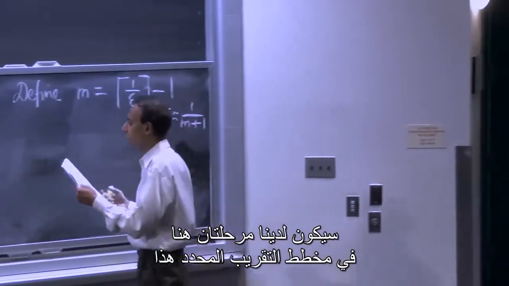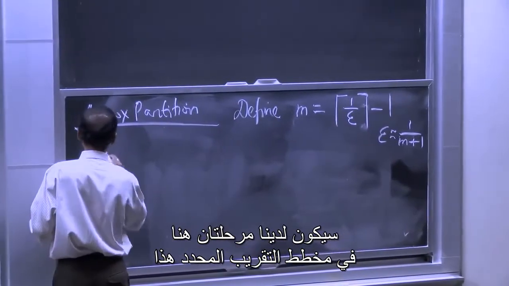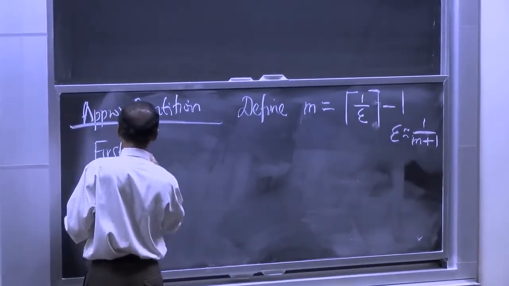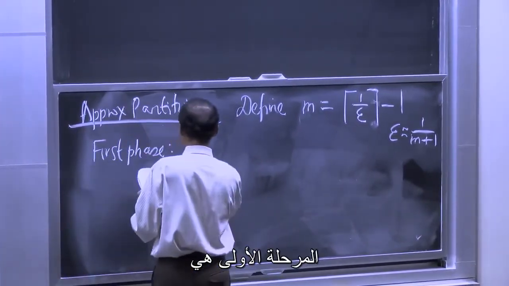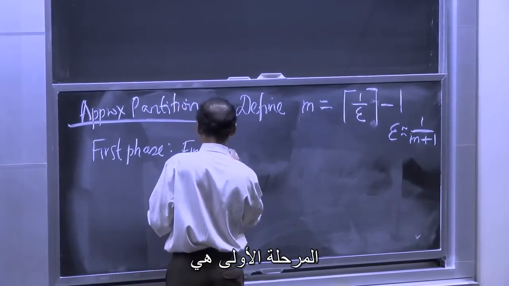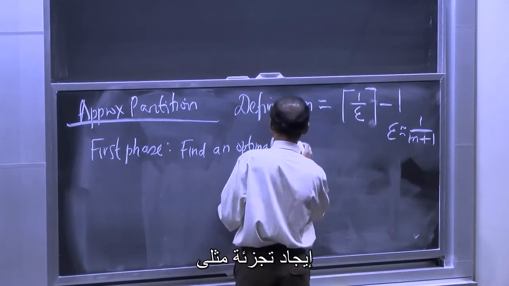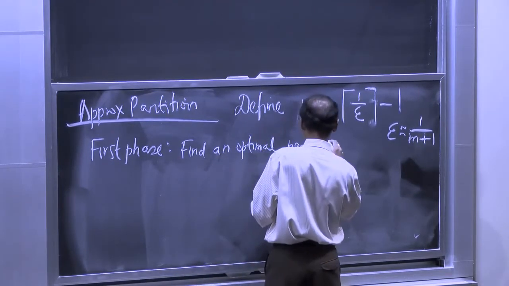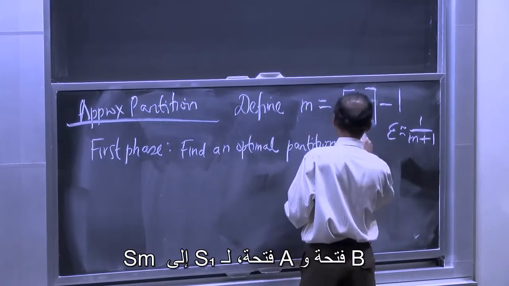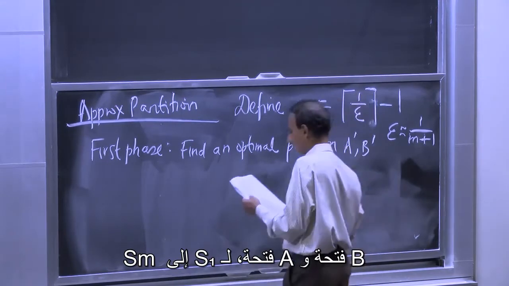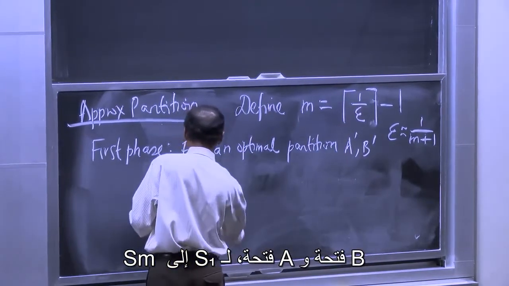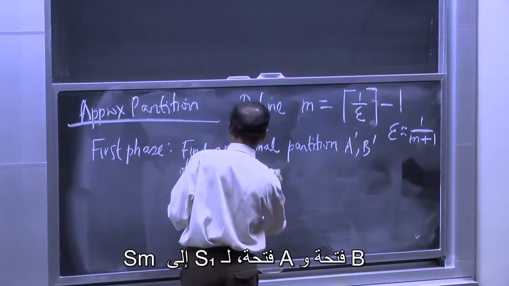And so we're going to have two phases here in this particular approximation scheme. The first phase is find an optimal partition A prime, B prime of S1 through Sm.